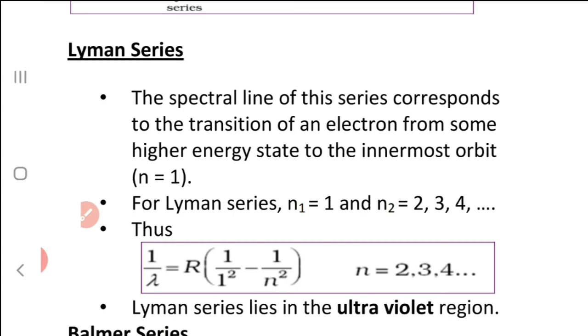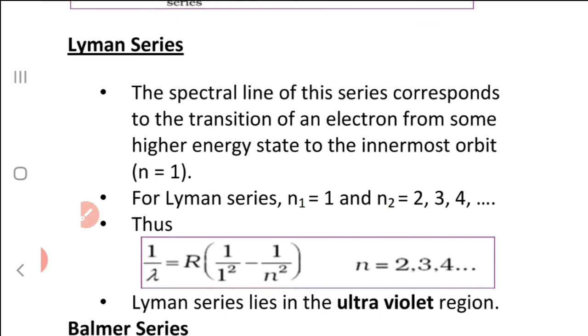So for Lyman series, this n can take values 2, 3, 4, etc. And Lyman series belongs to the ultraviolet region. That means when we make the calculation, this wavelength belongs to the ultraviolet region.